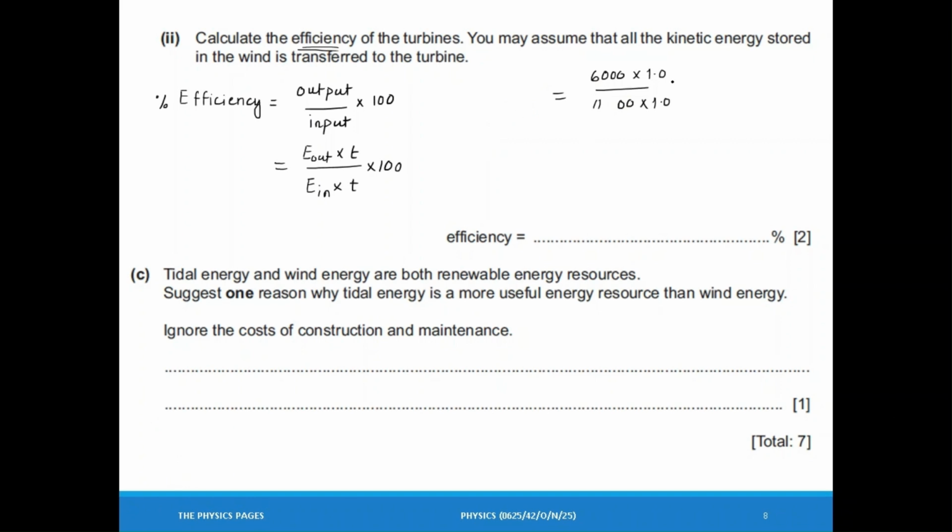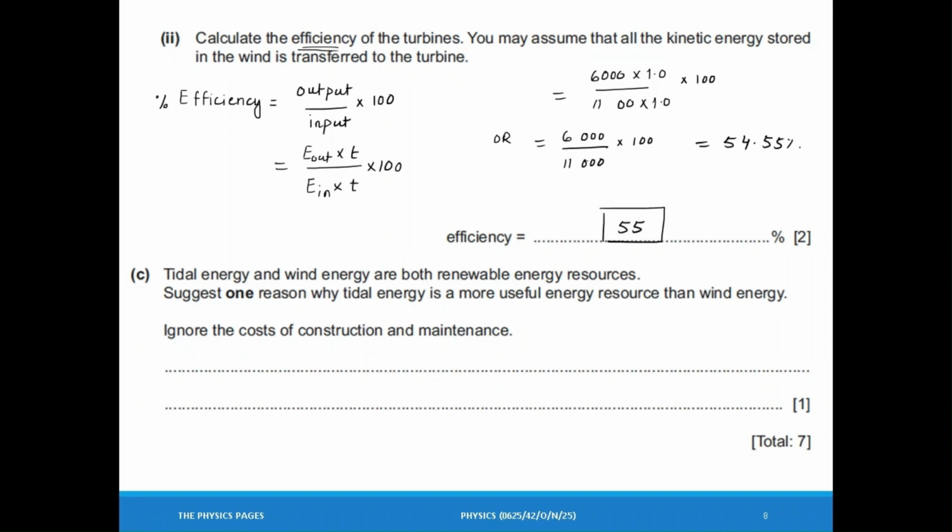As both of the fractions contain 1 second, we can also write it as 6000 over 11,000 times 100. It gives me 54.55%, and I can round it to 55%.